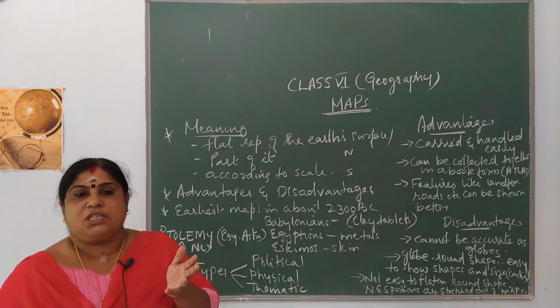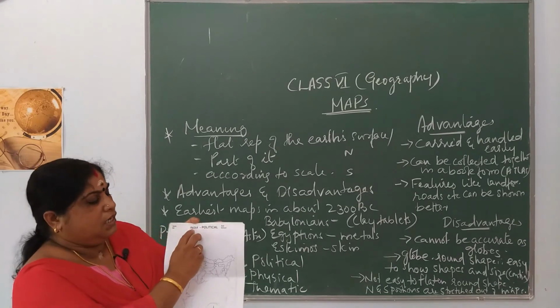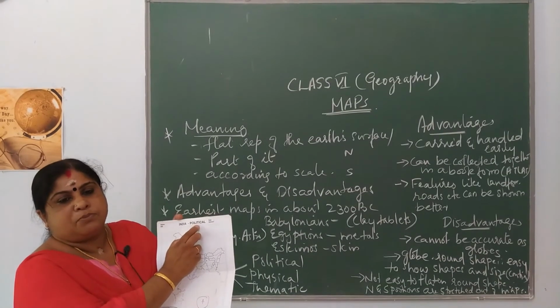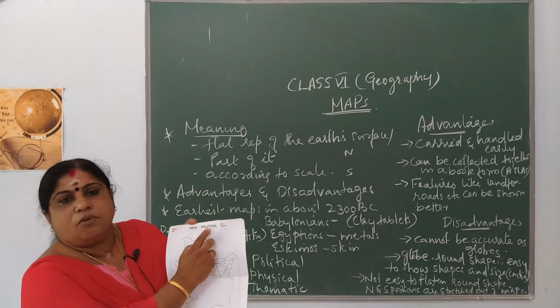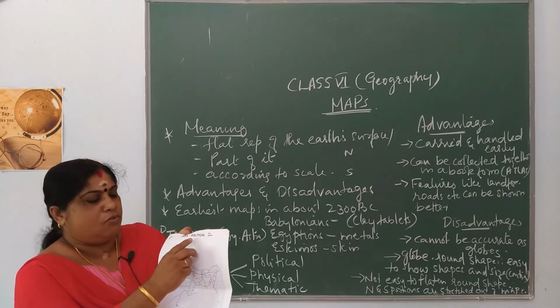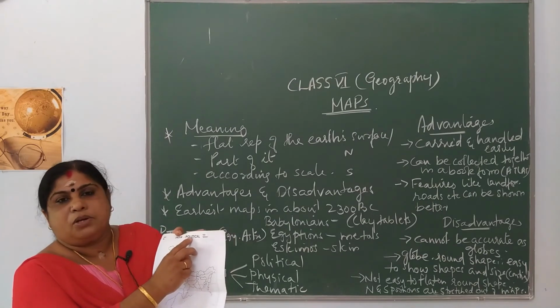So what is a political map? Whenever you take a map, you can see it written as a political map. So what do you mean by a political map? You have to understand what you have to locate on a political map.